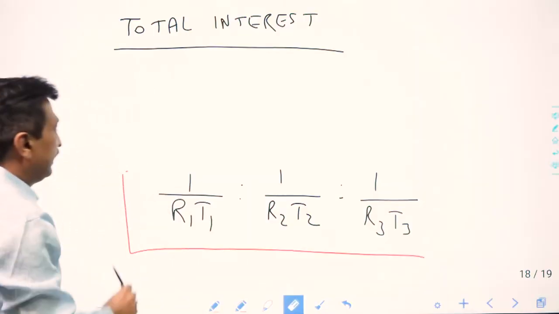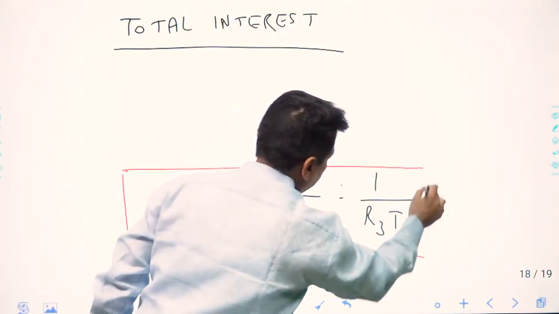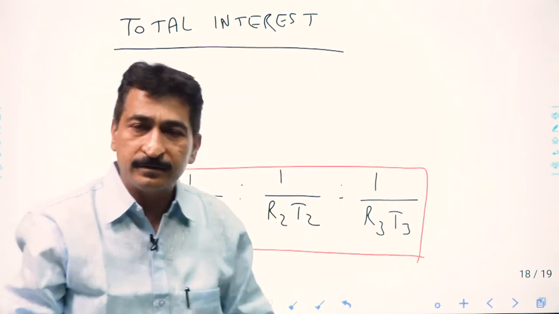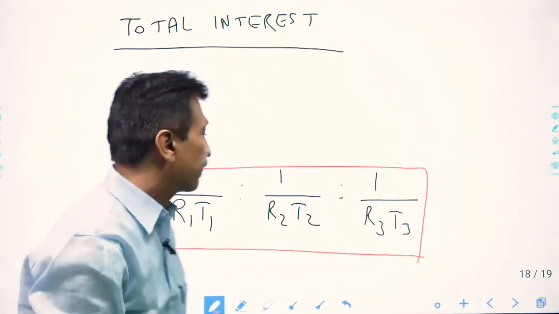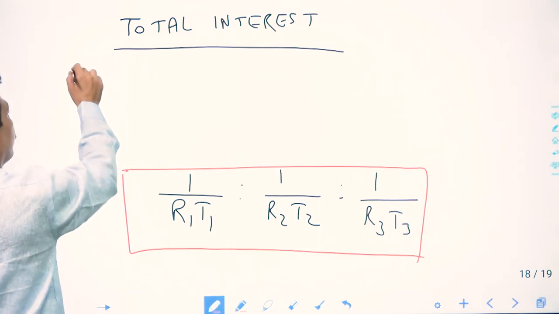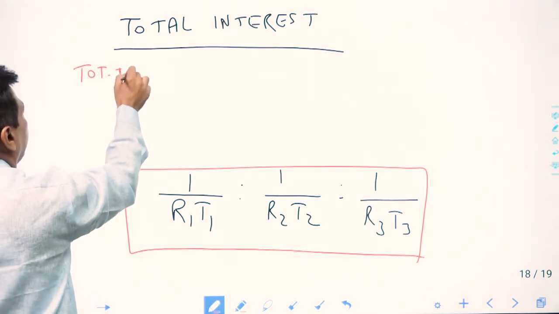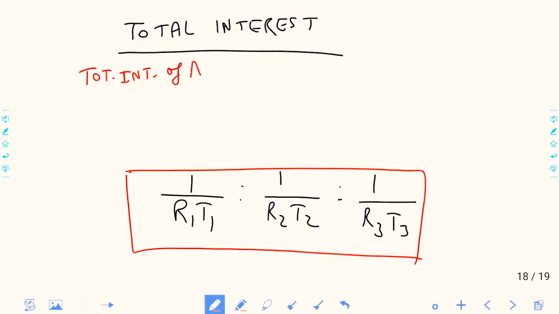See, he is telling us that the total interest received from all the 3 is the same. So total interest of A is equal to total interest of B is equal to total interest of C. This is what he is saying. And what is total interest?